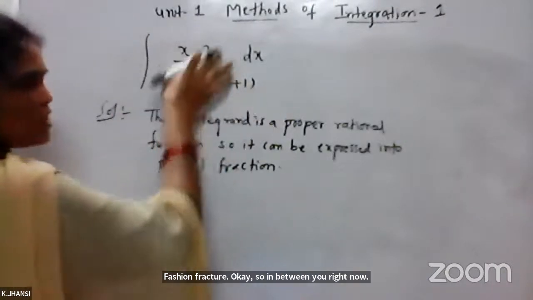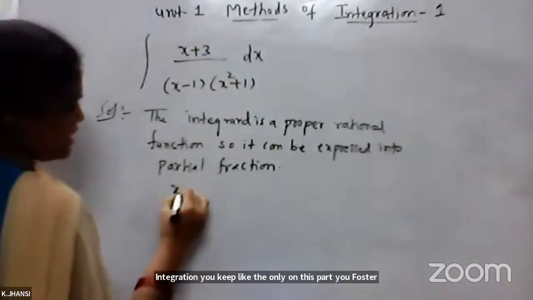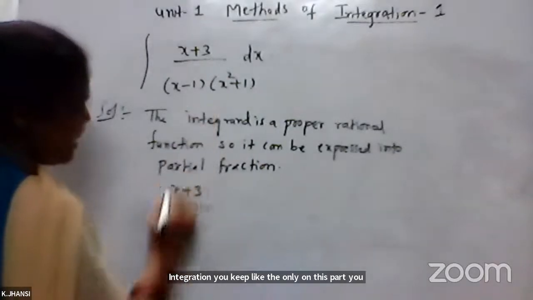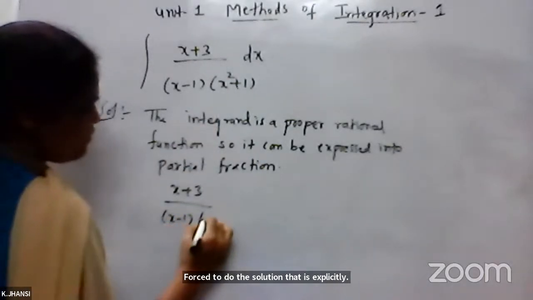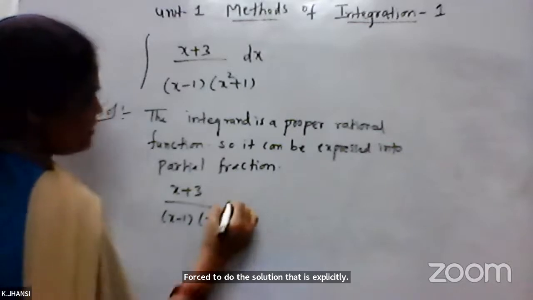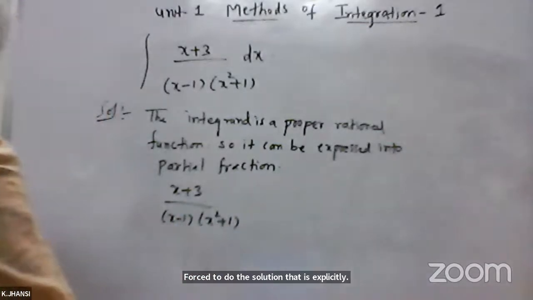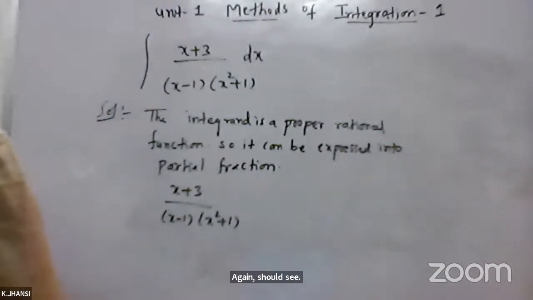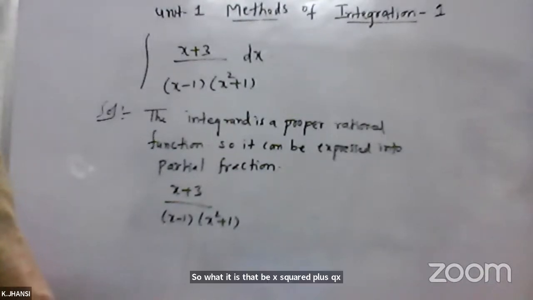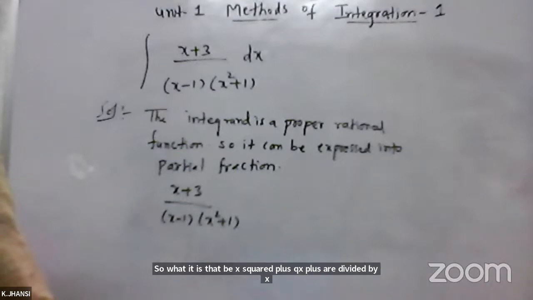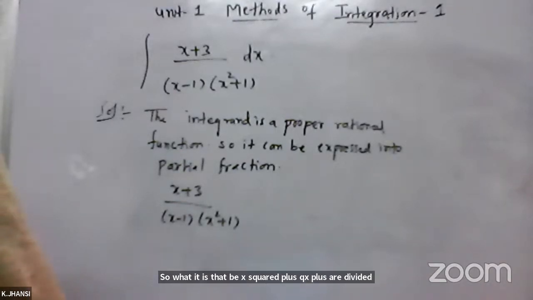On this part you first do the solution, that is x plus 3 by x minus 1 into x square plus 1. If you see from the table, the fifth form is px square plus qx plus r divided by x minus a into x square plus bx plus c.